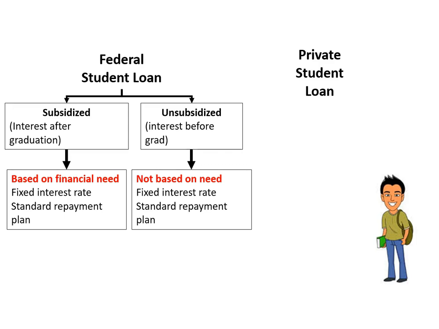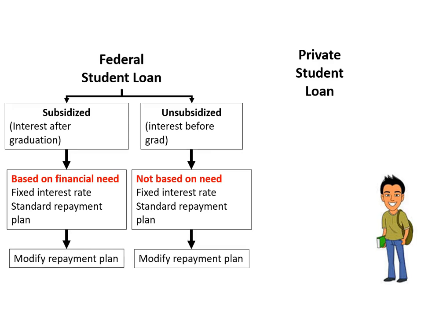The subsidized is based on your financial need. There's actually a means test. They see how much you make, how much your parents make. If you're a dependent, you fill out a lot of paperwork, and they grant you a student loan based on that amount. An unsubsidized is not based on your need. So it's much easier to get this type of student loan.